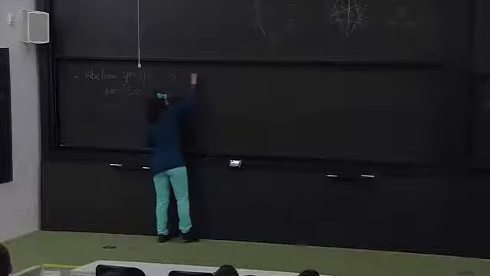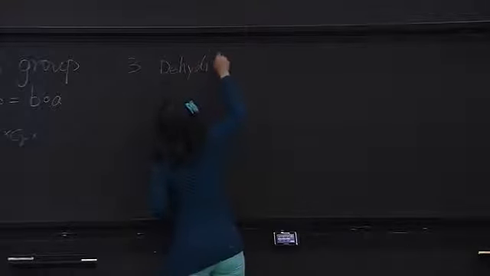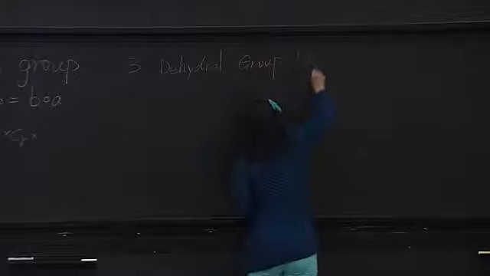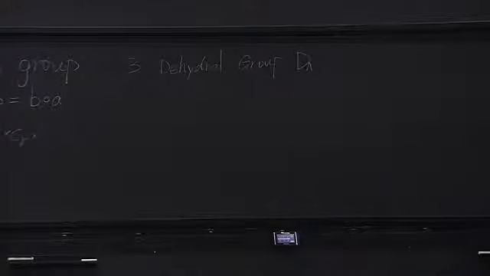The third family is called the dihedral group, denoted as Dn, and it's also known as the group for polygons.